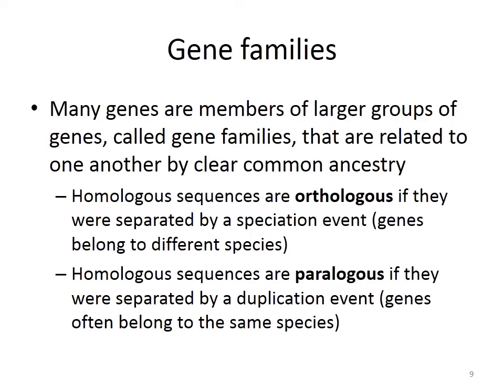Homologous sequences are paralogous if they were separated by a duplication event. So the genes often belong to the same species, right? But they're part of the same gene family, and duplications can cause them to be paralogous.